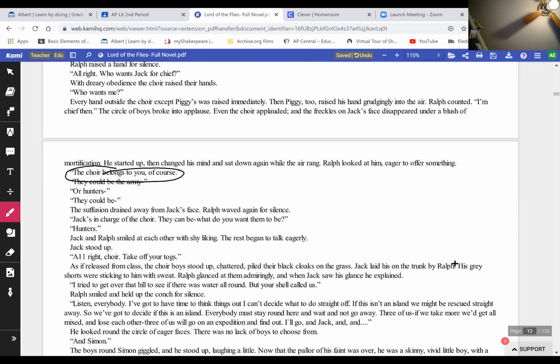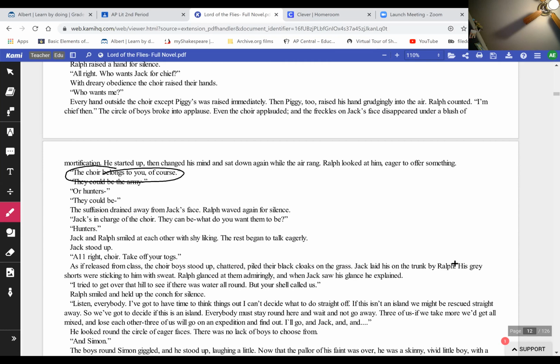Jack has already shown himself to be somebody that seems rather uncaring, very much a control freak. Ralph wants to appease Jack. He realizes that Jack could be a problem. So rather than being forceful and dealing with Jack, instead he tries to appease him, thinking that Jack is probably more like him, not realizing exactly what it was that Jack is.